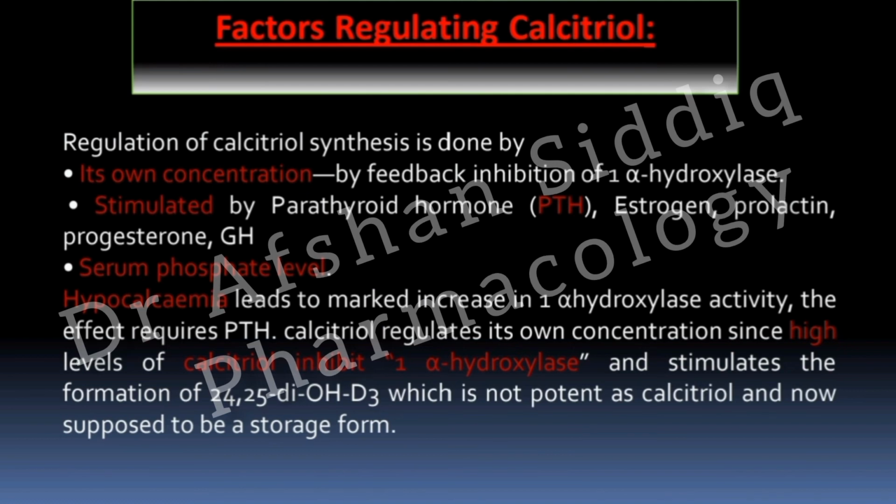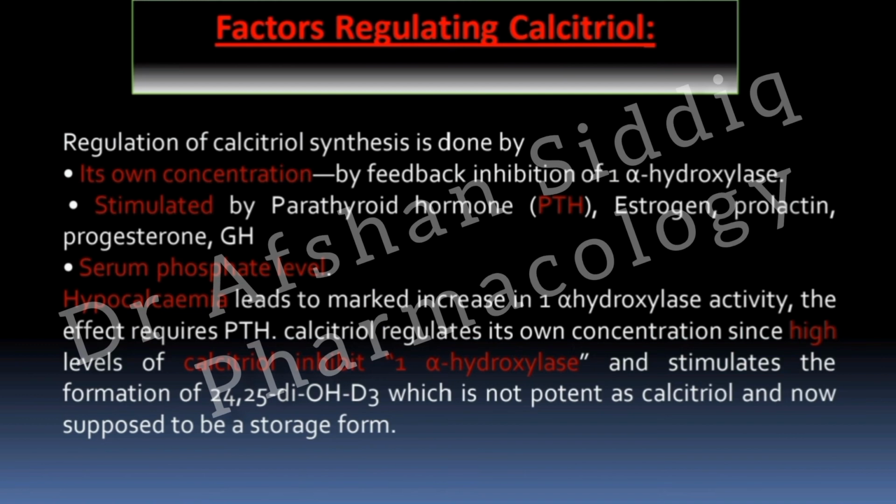which regulates calcitriol concentration. Hypocalcemia, which I just told you about, that is, when there is a low calcium level in the blood, leads to a marked increase in 1-alpha hydroxylase activity directly.